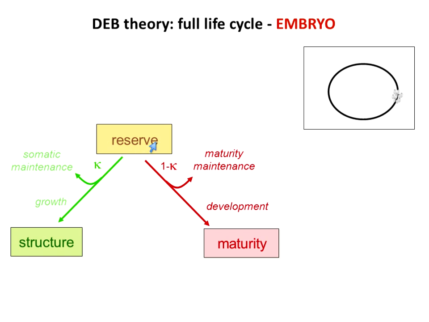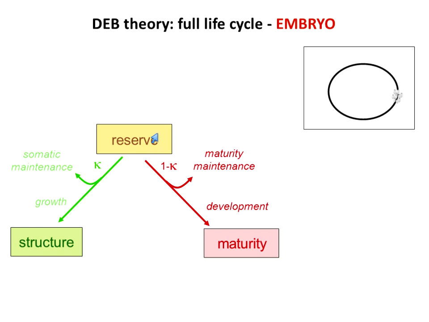So the embryo starts with a load of reserve and an absolutely tiny amount of structure, and let's arbitrarily say no maturity, and then over time reserve gets utilized, structure appears, reserve is depleted, and the process of development leads to an increase in maturity.